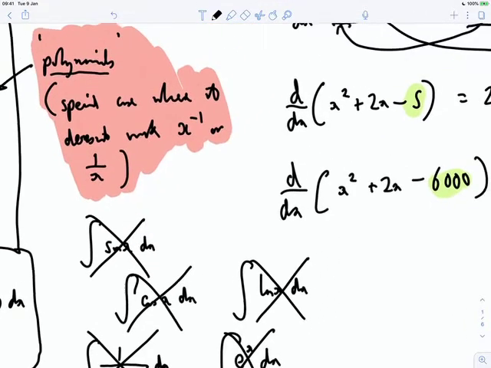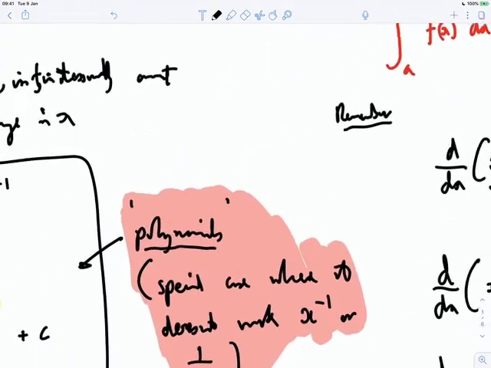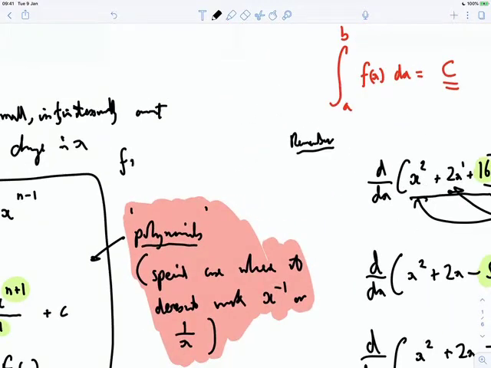What do I mean by polynomial? I can write it as f of x equals some constant a0 plus some constant a1 times x plus some constant a2 times x squared, and so on.